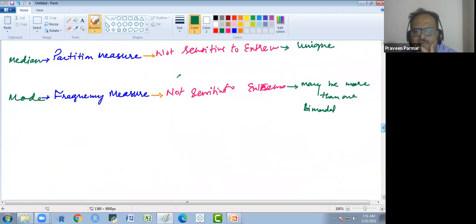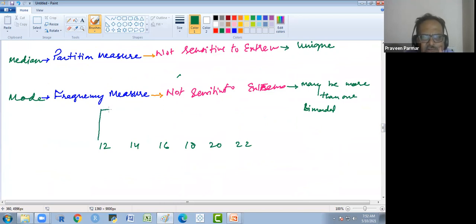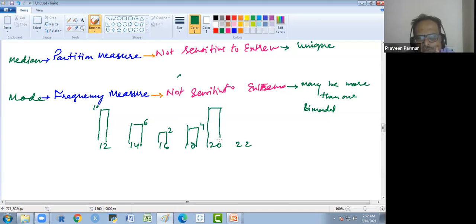Suppose we have the numbers 12, 14, 16, 18, 20, 22, and the frequency of 12 marks out of 25 is 10, the frequency of 14 marks is 6, then 2, then 4, then 10, then 8. So the highest frequency is 10, for both 12 and 20.